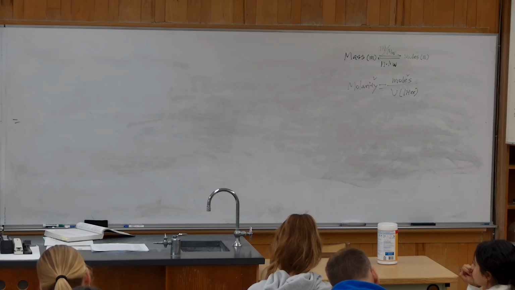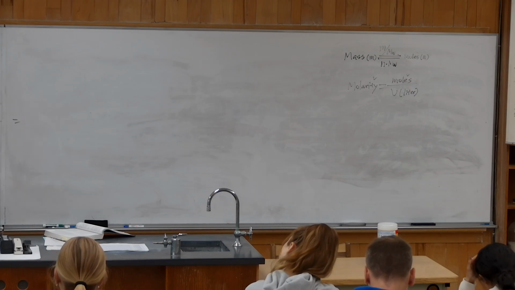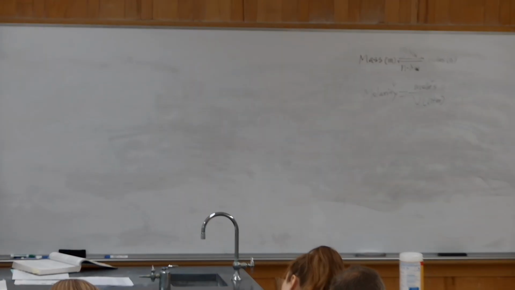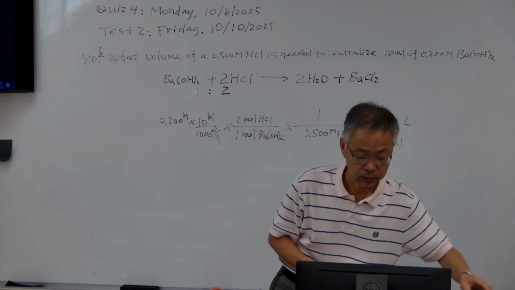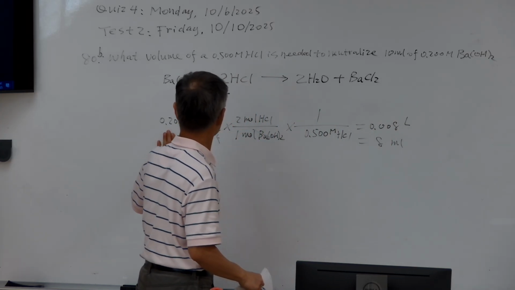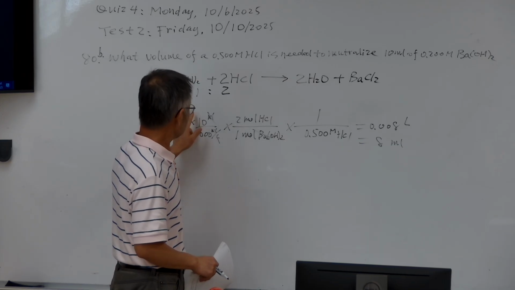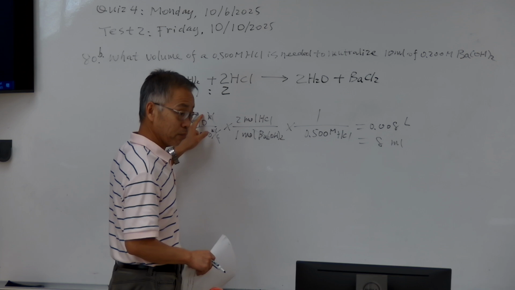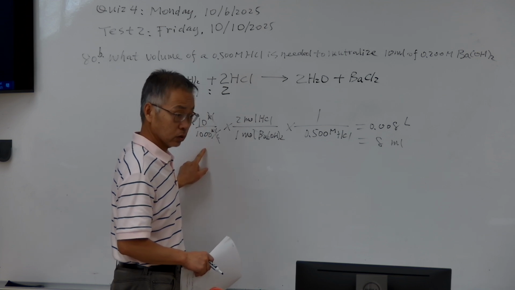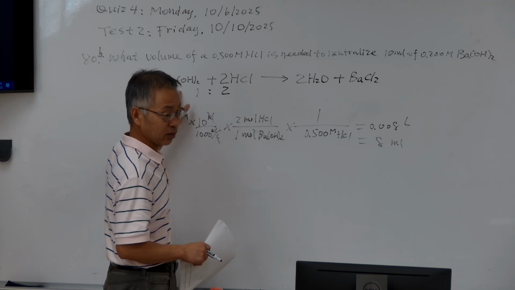Okay. Oh, we need to go back. So again, molarity is concentration times volume. We convert 10 milliliter into liter. So molarity times volume is moles of Ba(OH)2.